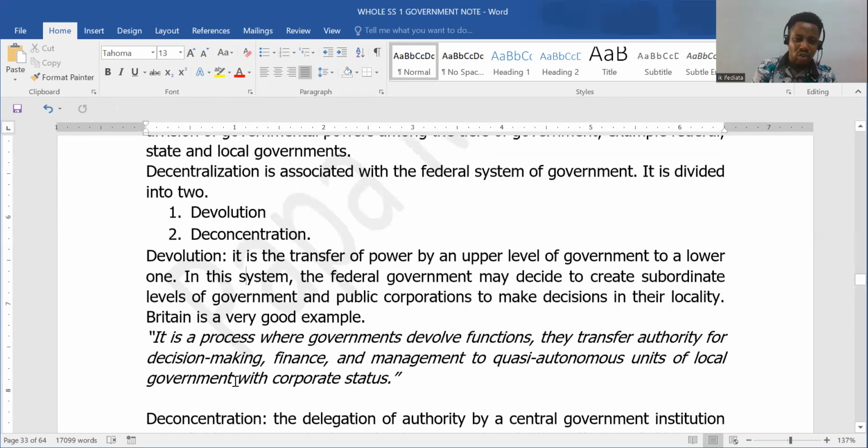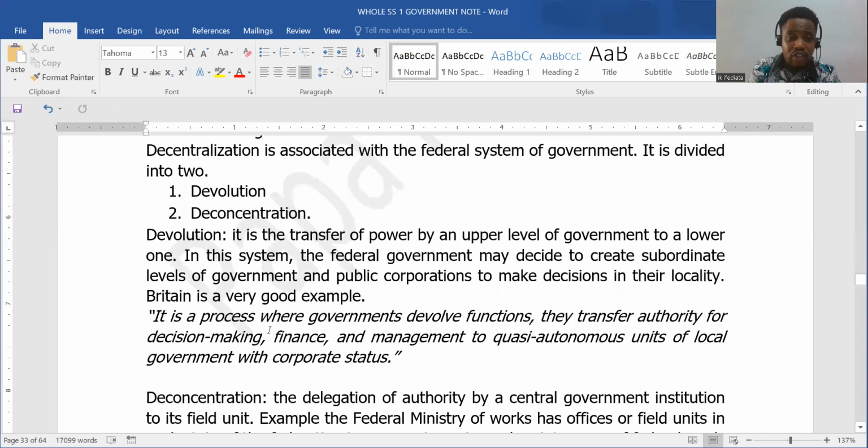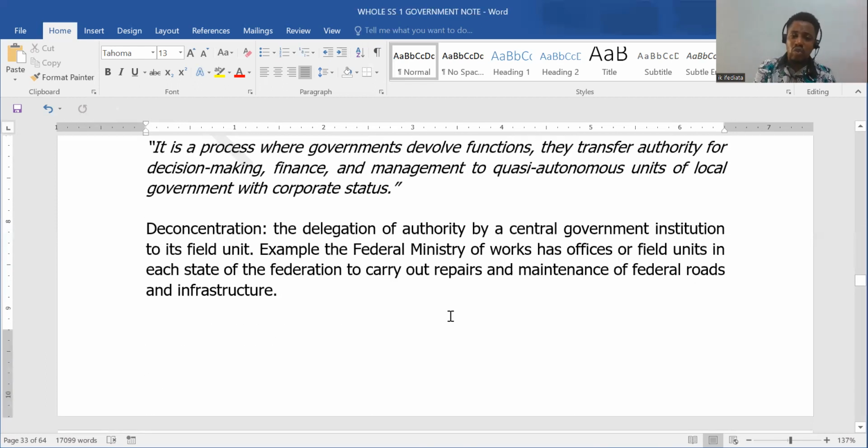Look at this definition here. I got this online. It's the process where governments devolve functions. They transfer authority from one decision-making institution to another, right? So the new institution has the power and the right to make decisions. That is the point here. While in deconcentration, it has to do with delegation of authority by the central government to its field units.